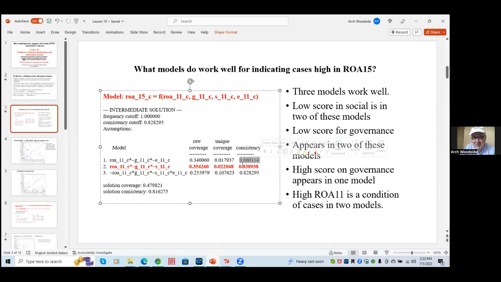So the consistency indicates that typically at least 4 cases out of 5 will have high scores in this model as an outcome for the cases that are high on the antecedent condition, and this represents the antecedent condition here on the left. All that taken together, remember how you compute that.